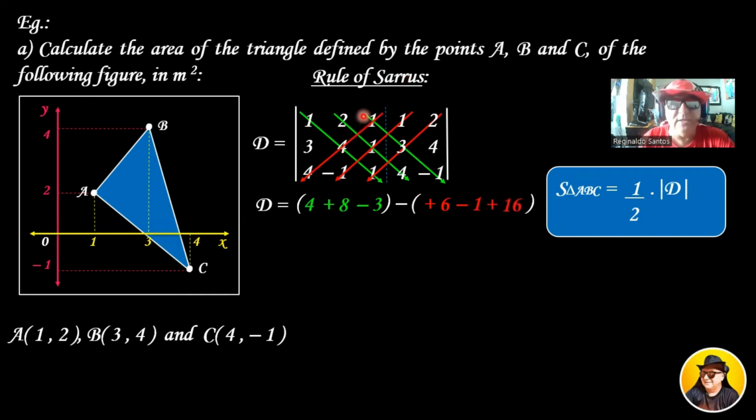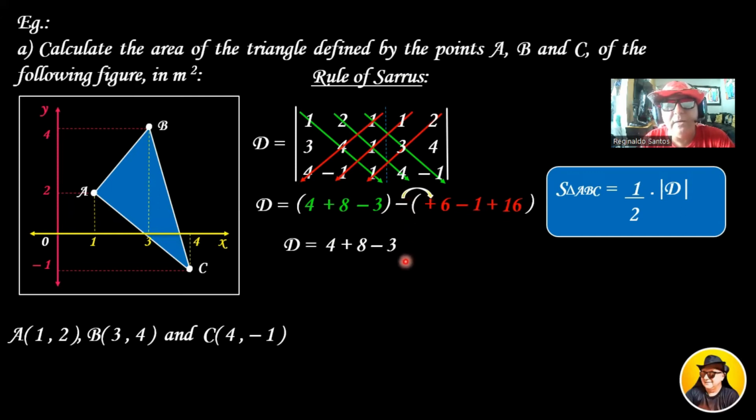All right. Now, these first brackets here are going to be taken out. Like this. 4 plus 8 minus 3. Now minus and plus is minus. Minus and plus is minus.